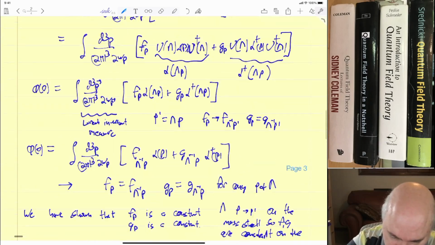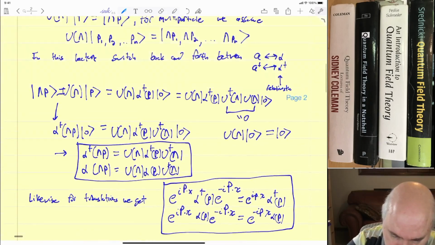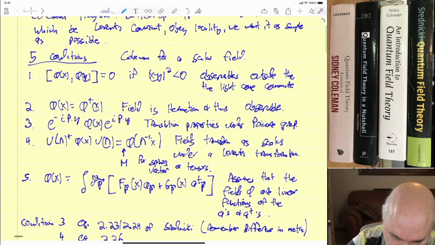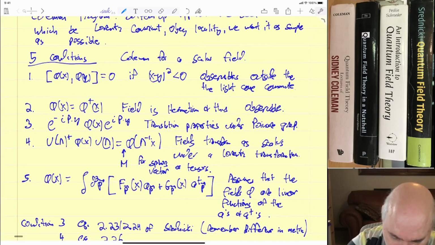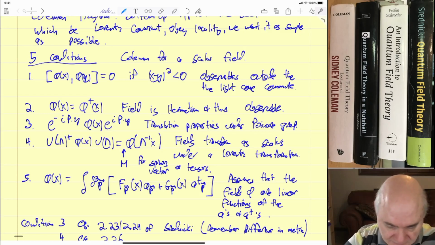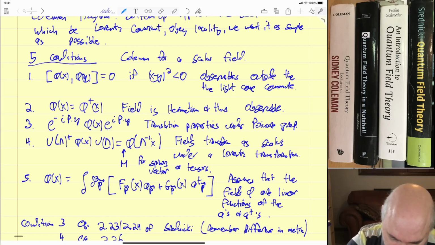Let me scroll back to condition 3. If I set y to minus x, I have e^{ip·x} φ(0) e^{-ip·x}. I think I left something off when I said that. Yes, I left out that this is φ. Let me be consistent with that.